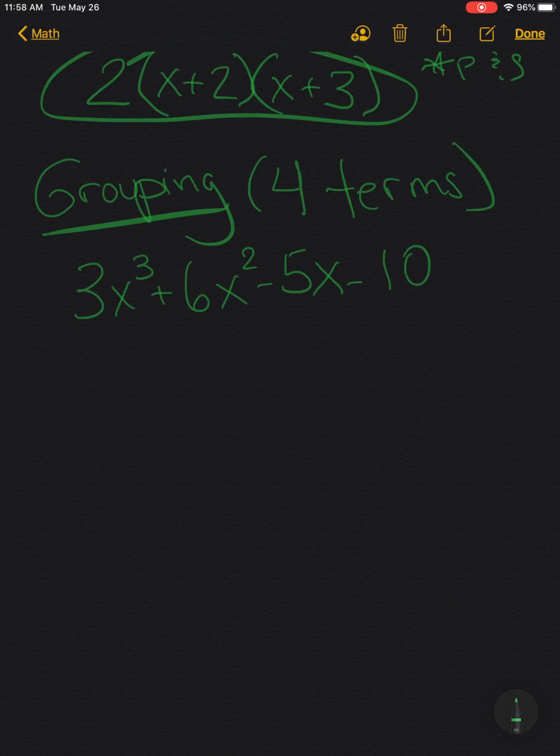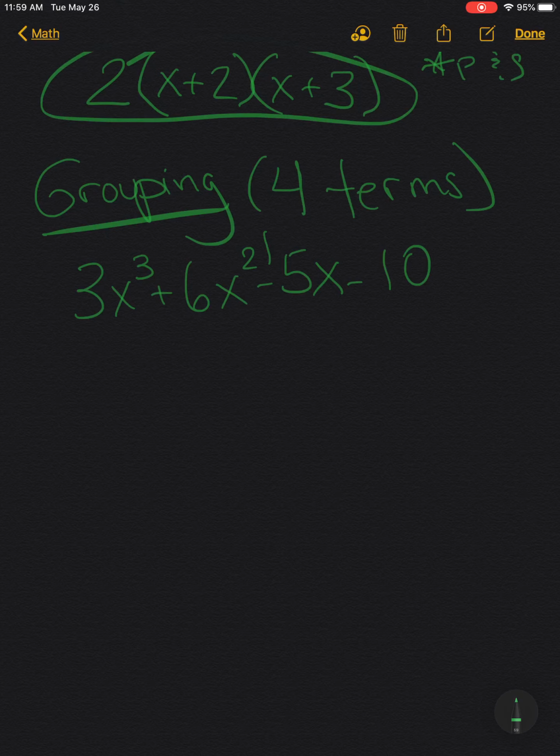So the first thing, like in the previous example, is make sure you don't have a common factor here. Is there a number that can be divided by all of these numbers? The answer is no, right? So once you have established that there's no greatest common factor, see what method it is. There are 4 terms, so it has to be grouping.